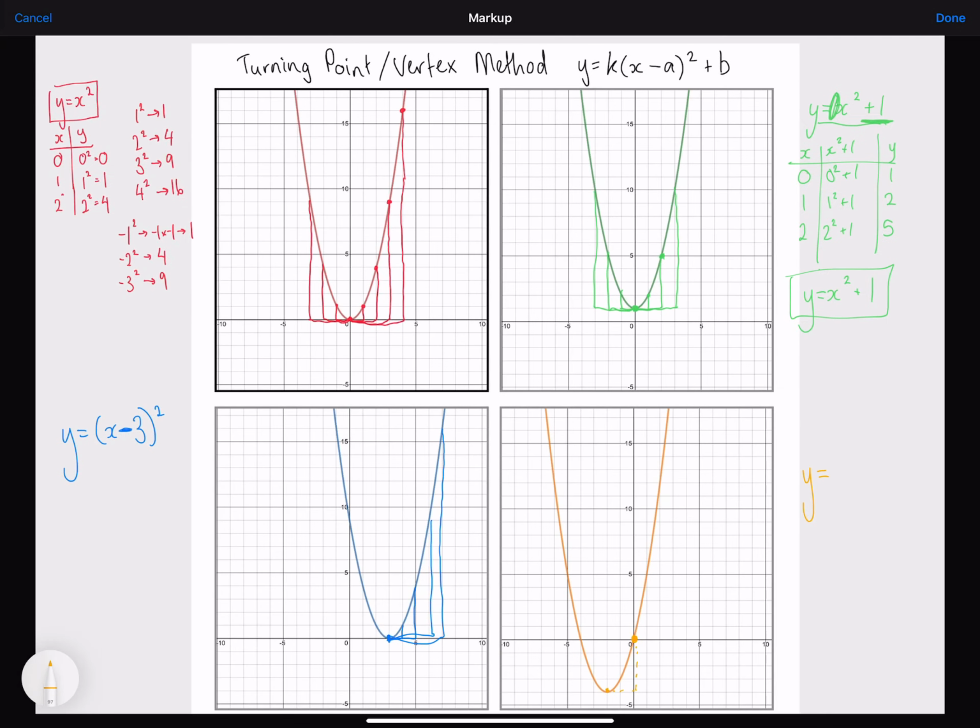Well, if I look at my vertex and go from there, it goes across 1, up 1, across 2, up 4, across 3, up 9. So I know that there's no scale factor to include. But there is a horizontal shift. How much did it shift to the left by? It shifted to the left by 2. Remember that that's kind of opposite from what we would think, having that plus 2.